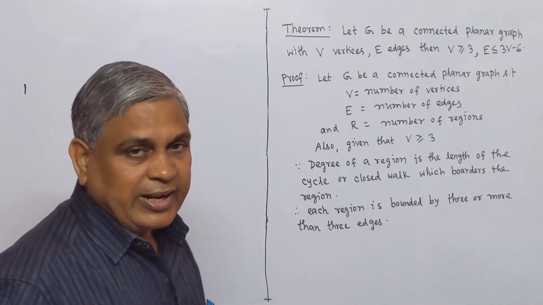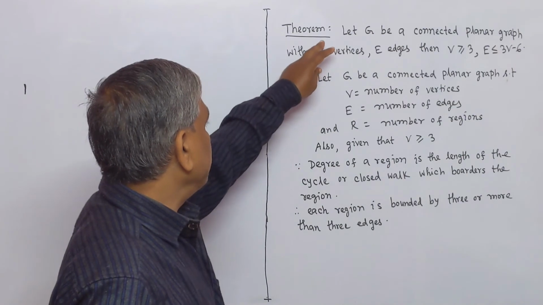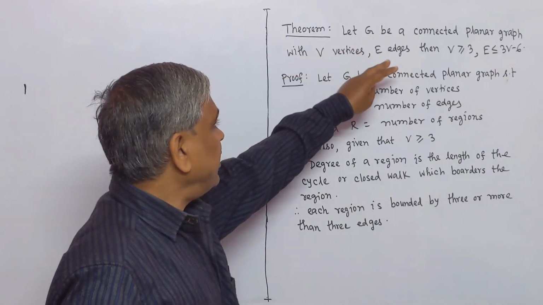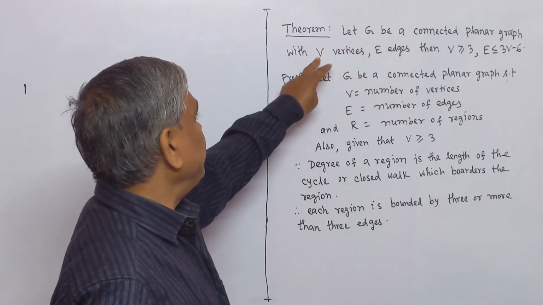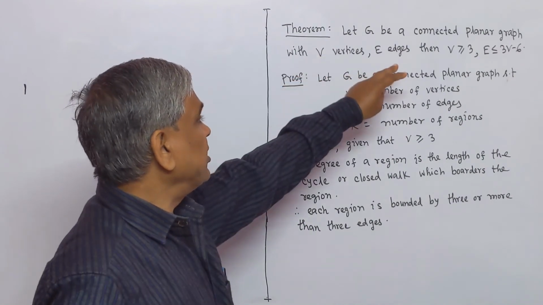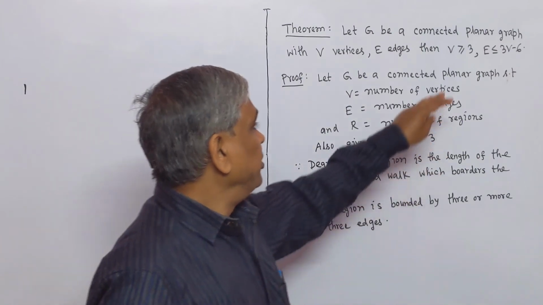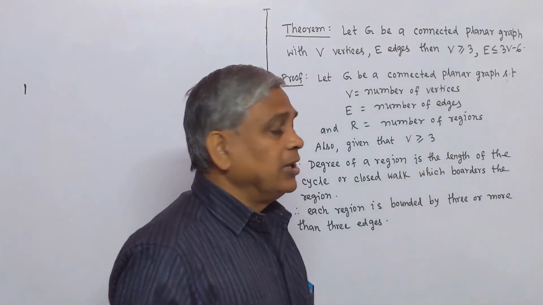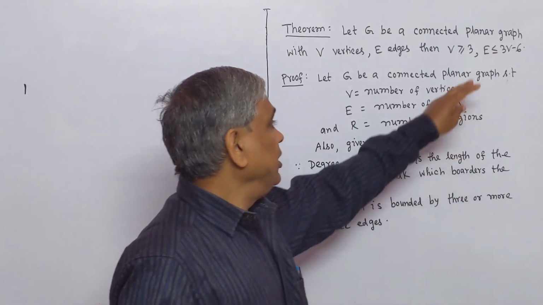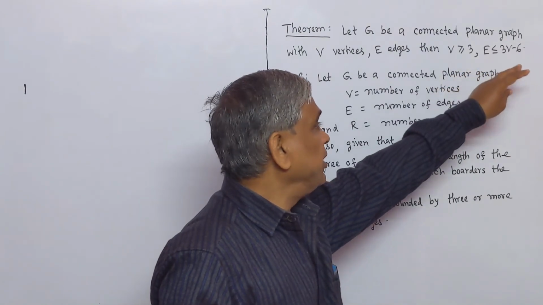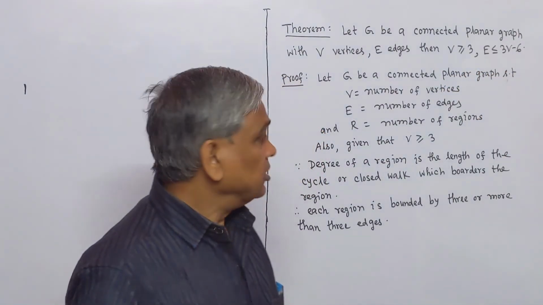Now we prove the next theorem. The next theorem is, let G be a connected planar graph with V vertices, E edges, and V is greater than or equal to 3, then E is less than or equal to 3V minus 6.